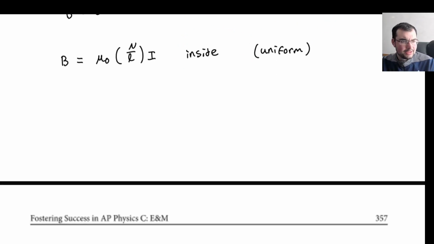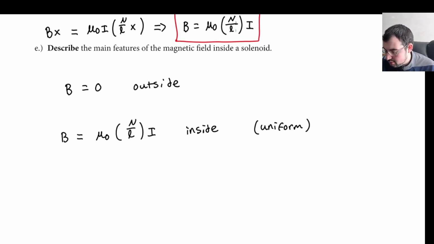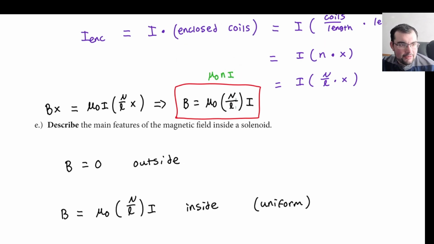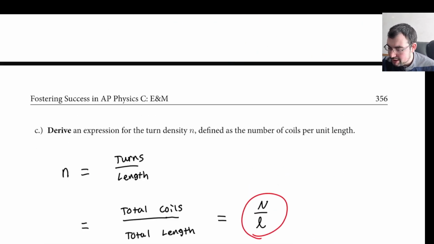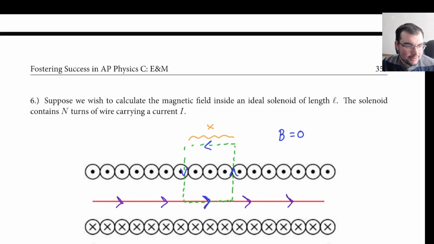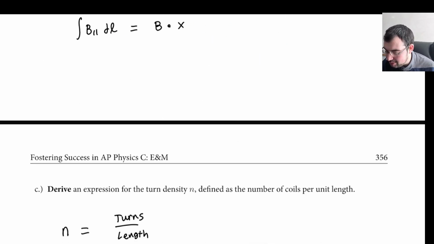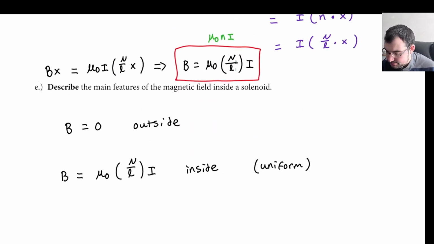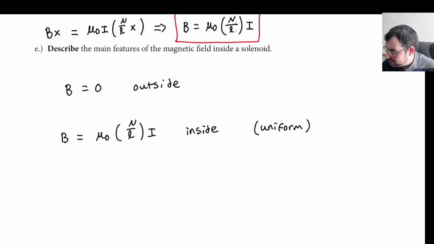So those are our cases of Ampere's law to know. We need to be able to mess with wires, maybe a slab or two, and definitely the solenoid one. The solenoid one has this very non-obvious at first glance Amperian loop to draw, that you want this sort of half in, half out idea to make sure you're enclosing some of the current loops. This is going to look very similar to our capacitor field.